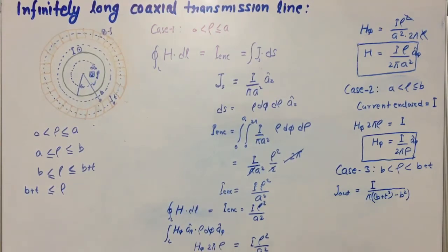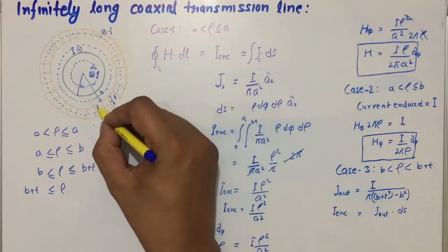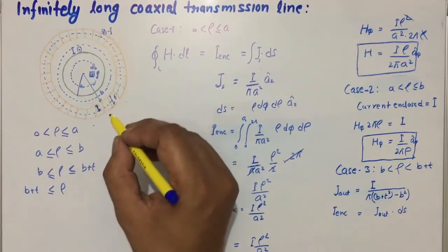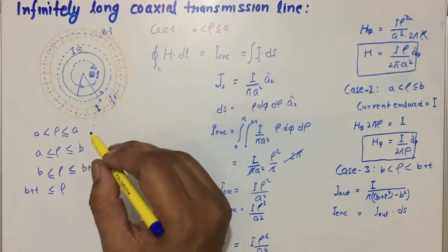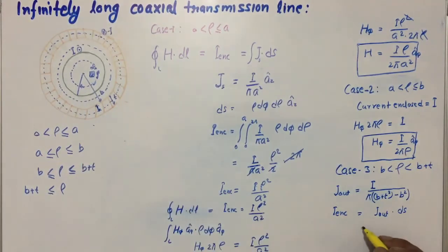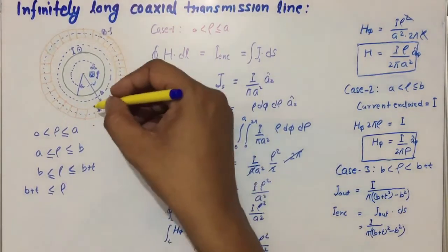And if we wish to find the current enclosed by the Amperian path, then we can say the current density J out times dS. dS will be this area that is enclosed at the current position of the Amperian path. So J out from here, I by pi times B plus T whole squared minus B squared, multiplied with this area.